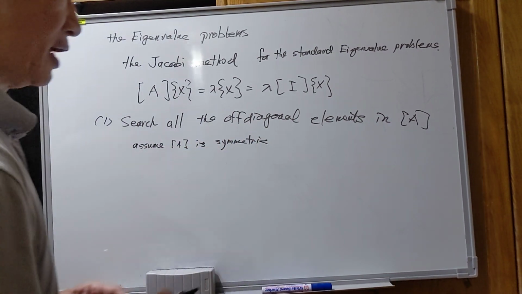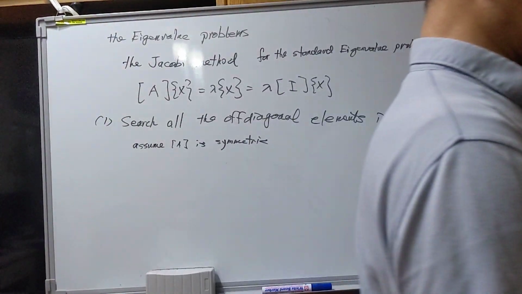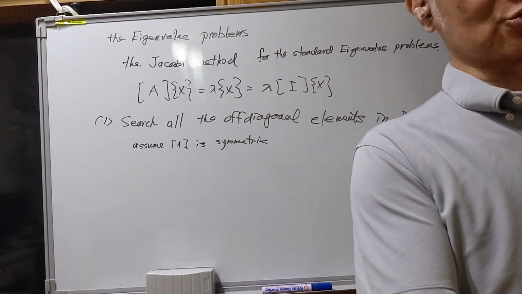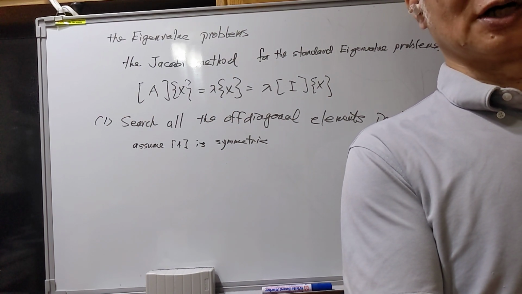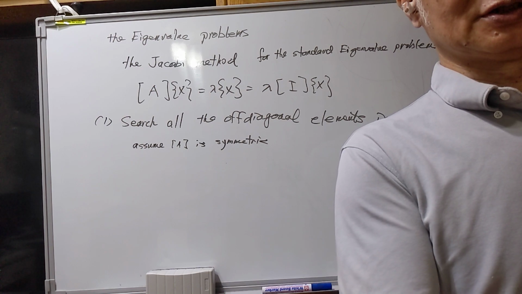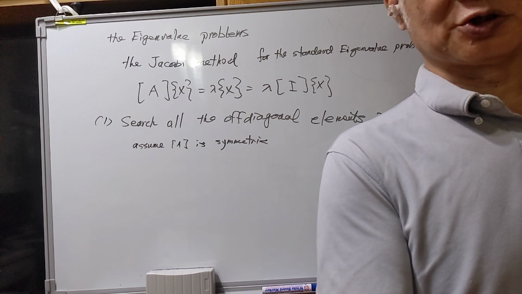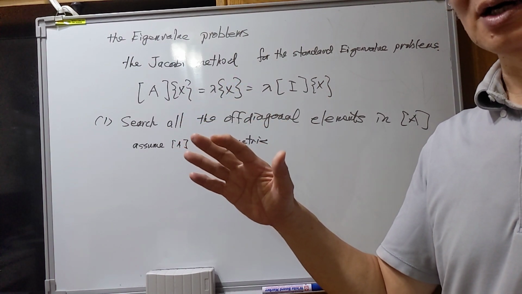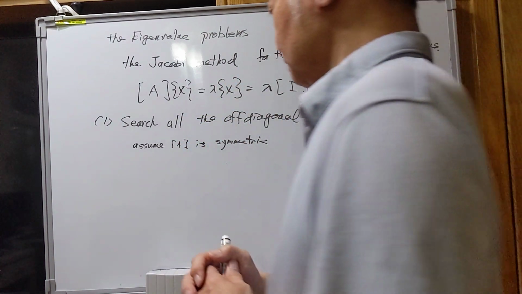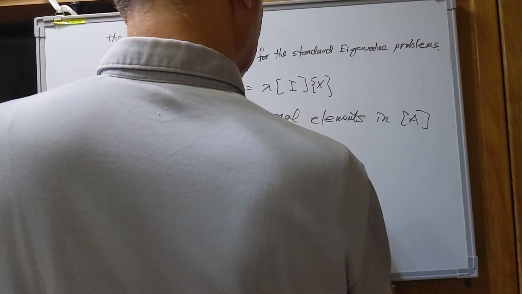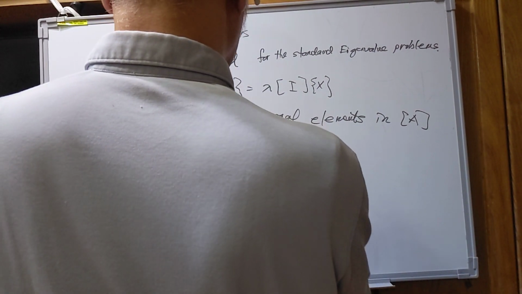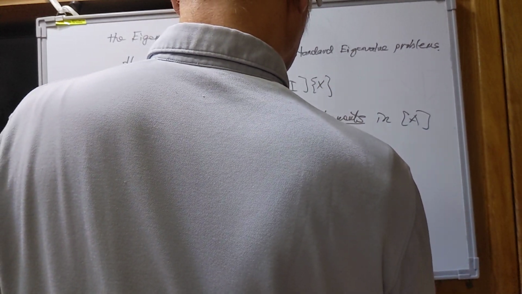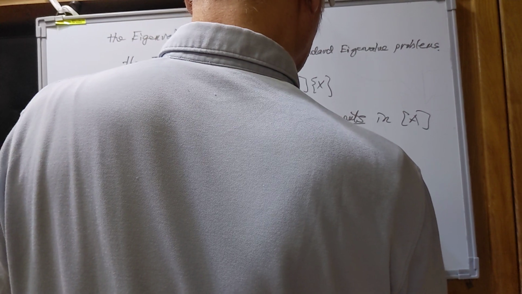If the A matrix is a symmetric matrix, then even though we try to search the off-diagonal elements, we can search only the elements in the upper triangle.